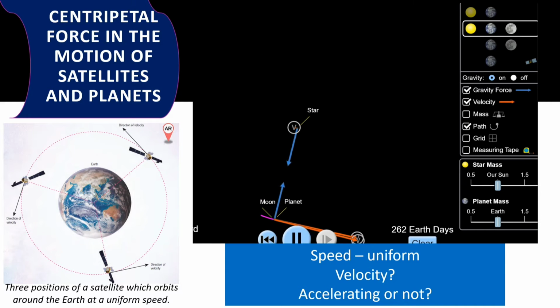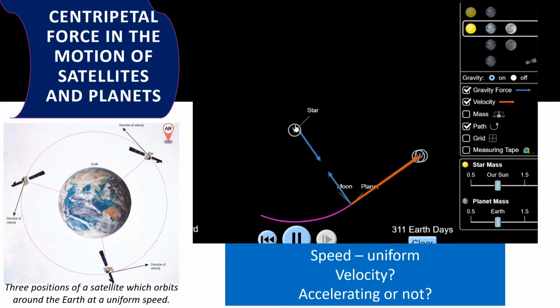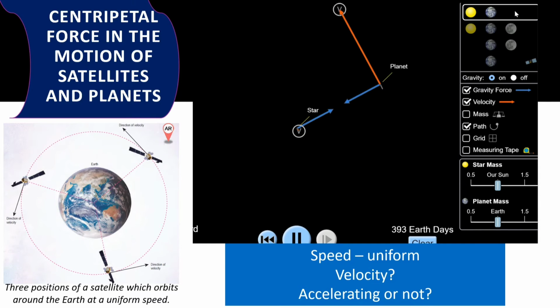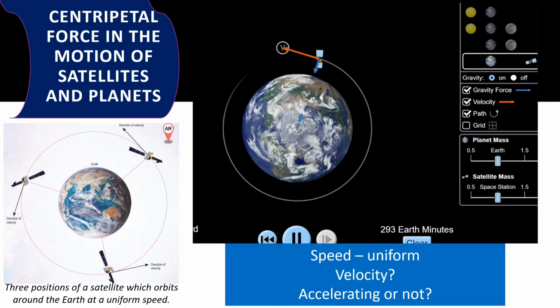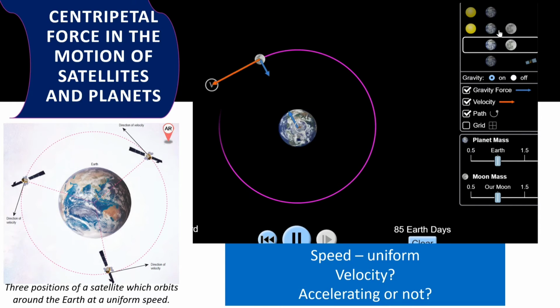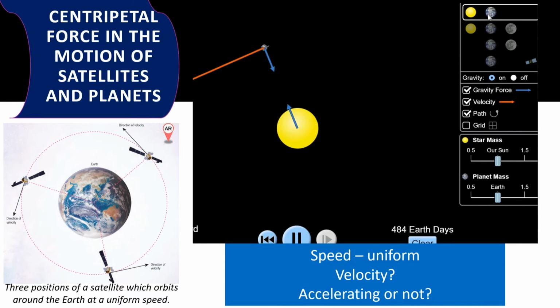When the velocity changes, is it accelerating? Is the Earth accelerating, or is the satellite accelerating? So what is the definition of acceleration? Acceleration is the rate of change of velocity.